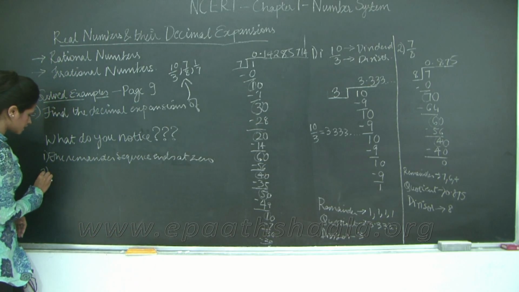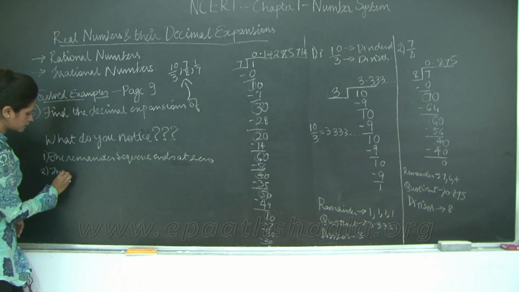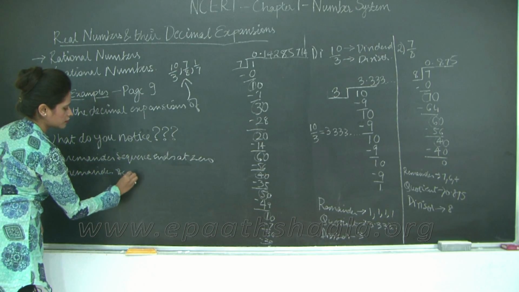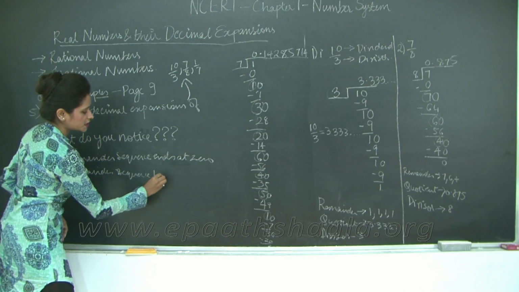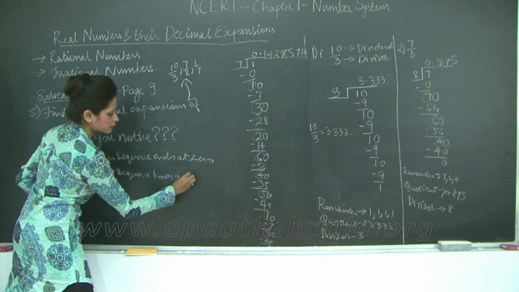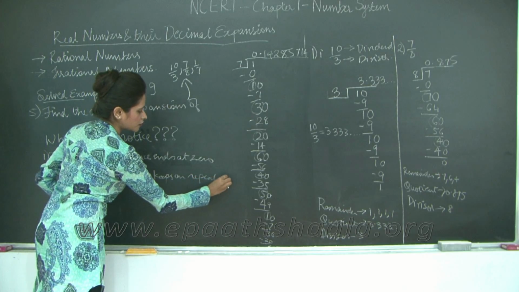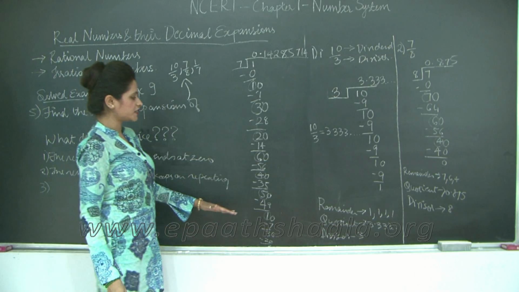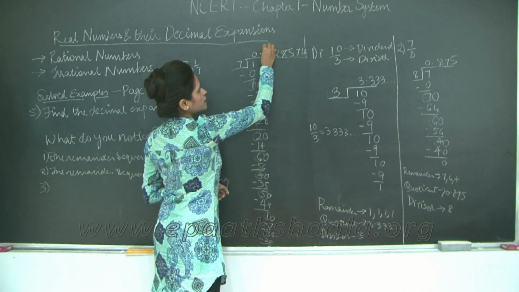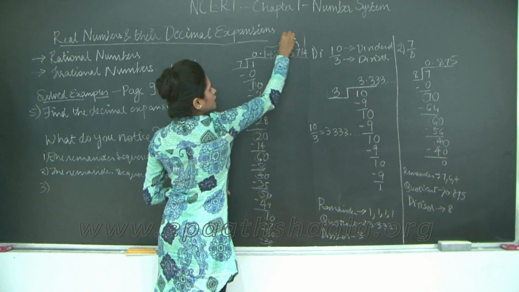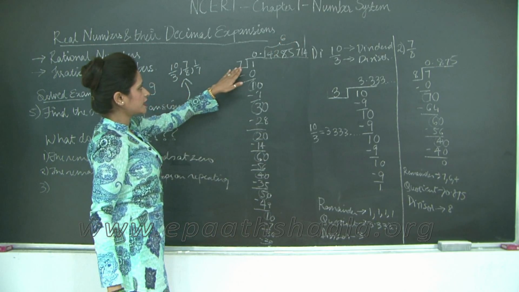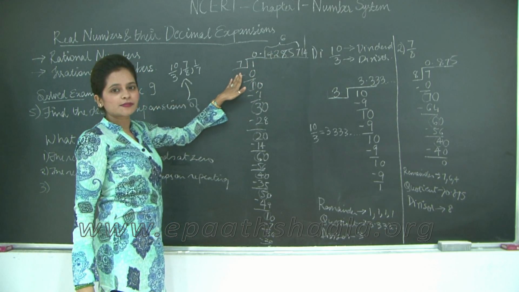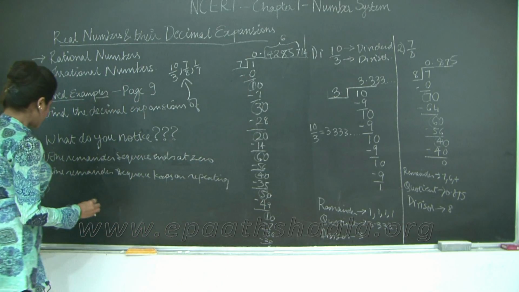The second observation is the remainder sequence keeps on repeating. Also, when the remainder sequence keeps on repeating, remember that we counted the number of digits that are repeating over here. These are 6, right? So in case of 7, there are 6. So the number of digits that you will have in your quotient will always be less than that of the divisor. So this is going to be my third observation.